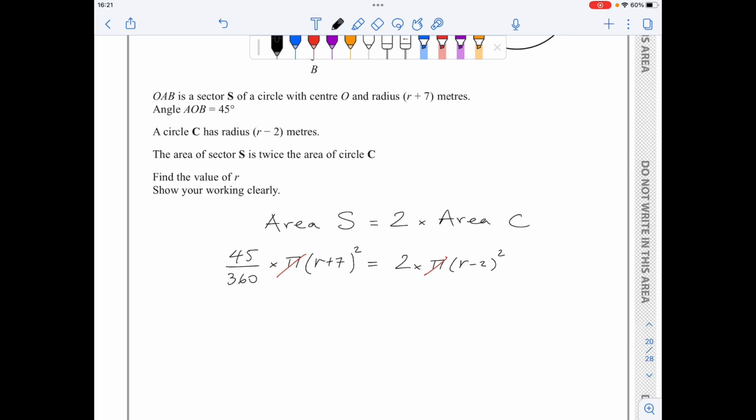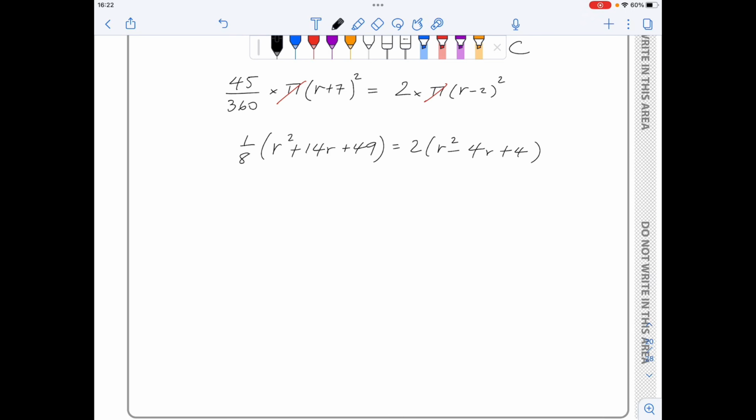47 over 360 is 1 over 8. Let's expand: r squared plus 14r plus 49 equals 1 over 8 times r squared minus 4r plus 4. I'll take the 1 over 8 to the other side, it will be times 8.